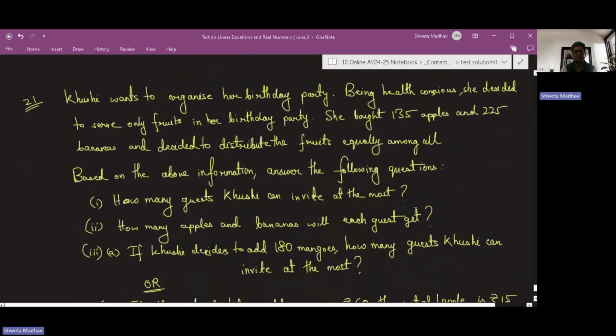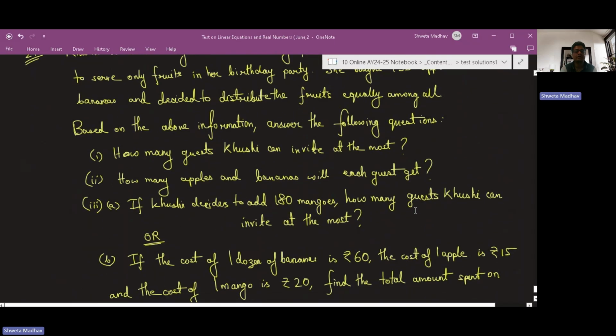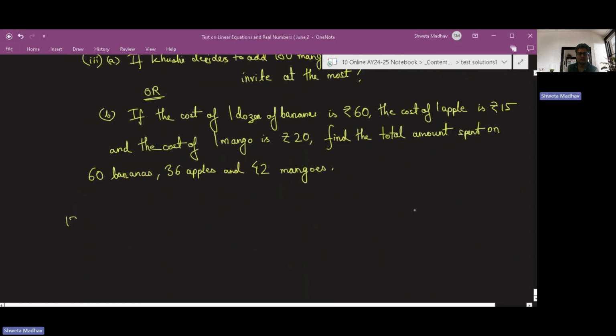So here she bought 135 apples and 225 bananas. So 135 apples are there and 225 bananas are there.